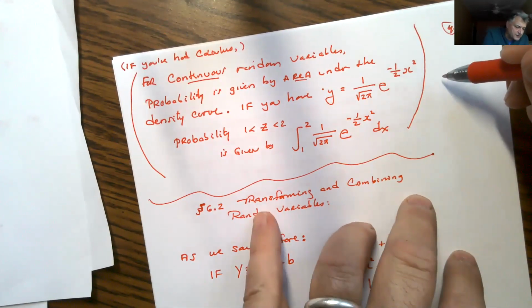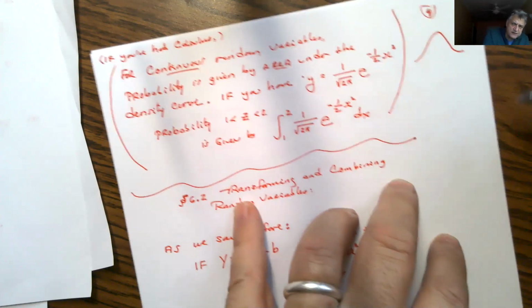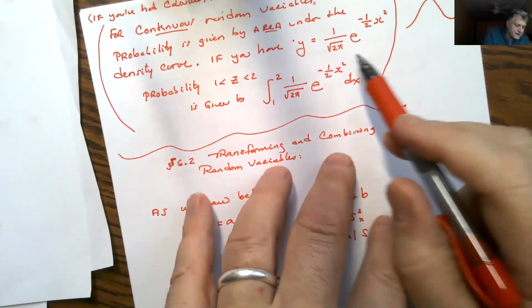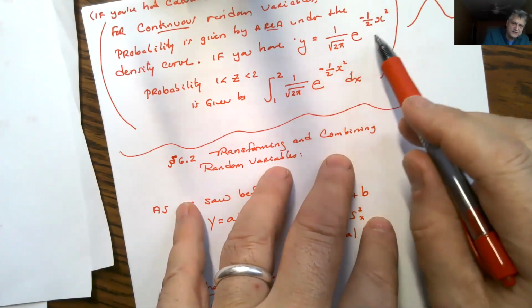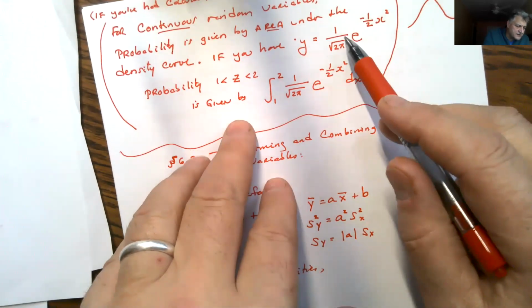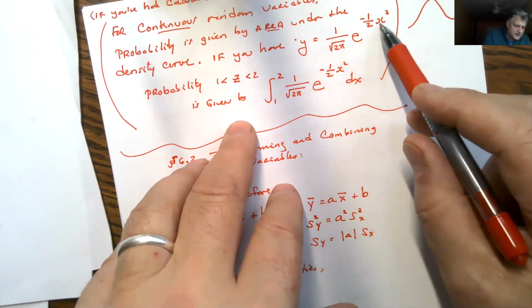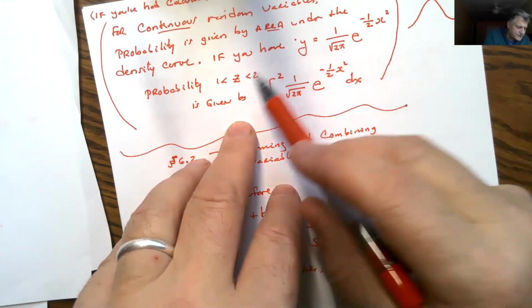For example, if you have a normal curve like this, there's actually an equation for this curve. To get the area underneath here, this is like a z here instead of an x.